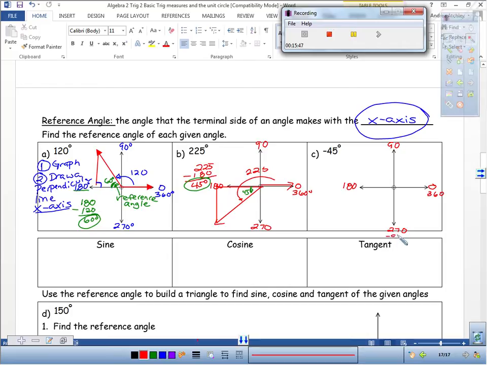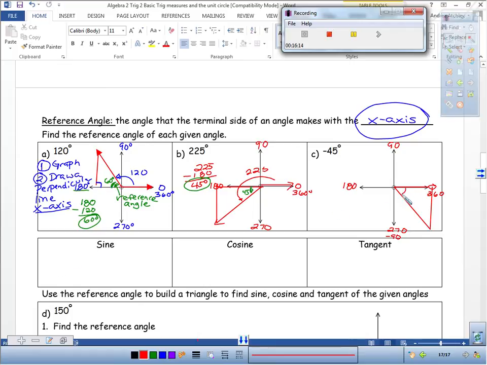Negative 90, right? So when I graph this, I'm going to go here, and then here. I draw it to 360, because that's the closest to the x-axis, draw the perpendicular, right?